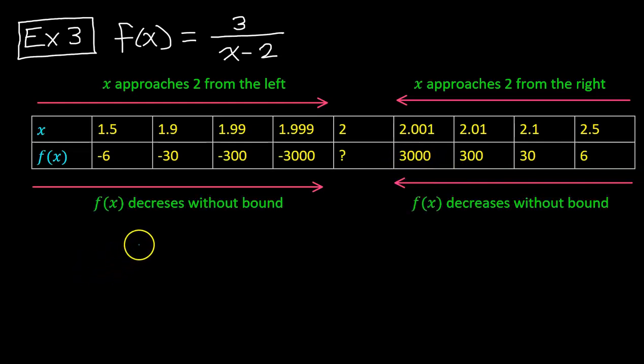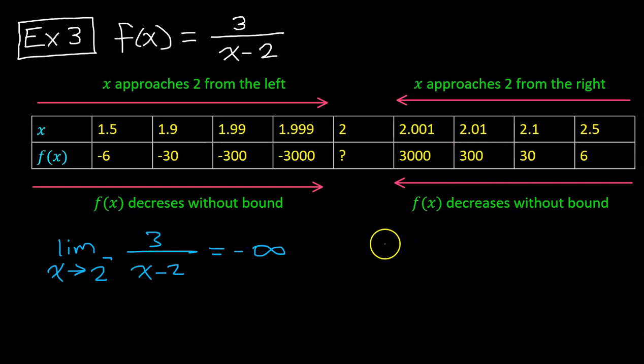So here's how we would use our notation to describe this. We would say that the limit as x approaches 2 from the left of 3 over x minus 2 equals negative infinity.